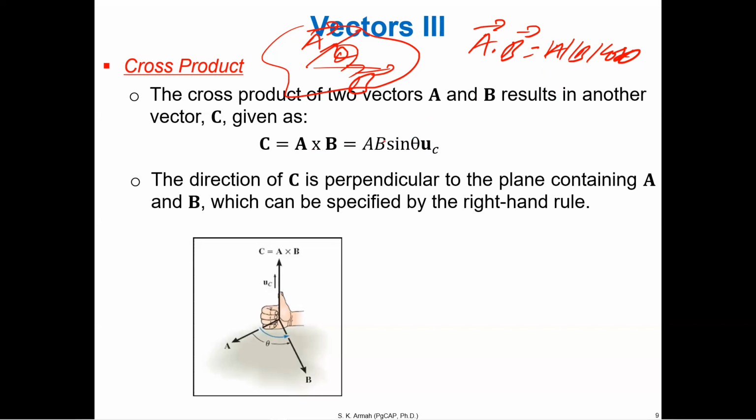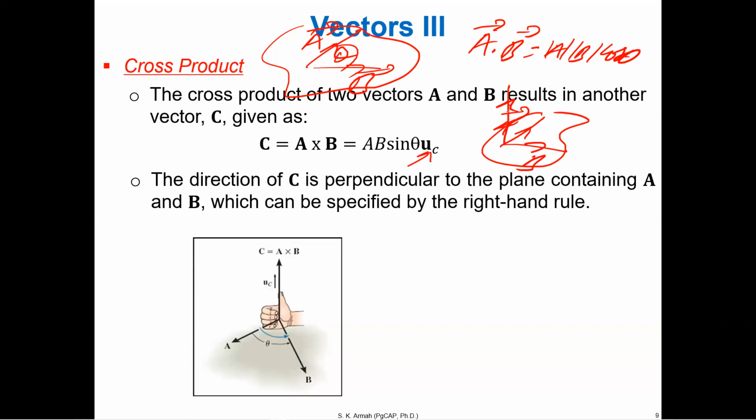So it has a direction, determined by a unit vector. If you have vector A and vector B, the cross product, which I'm denoting by vector C here, is perpendicular to the plane that contains A and B.